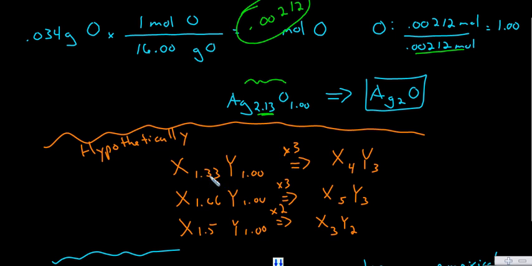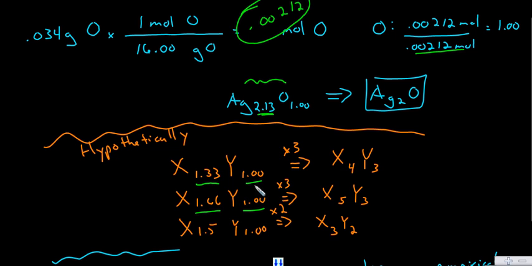Sometimes you might be finding that you have ratios of, say, 1.33 to 1 or 1.66 to 1. If you see a 0.33 or a 0.66, that generally means that you should multiply the number of moles of everything by 3. So you might find that 1.33 times 3 is 4, and 1.66 times 3 is 5.